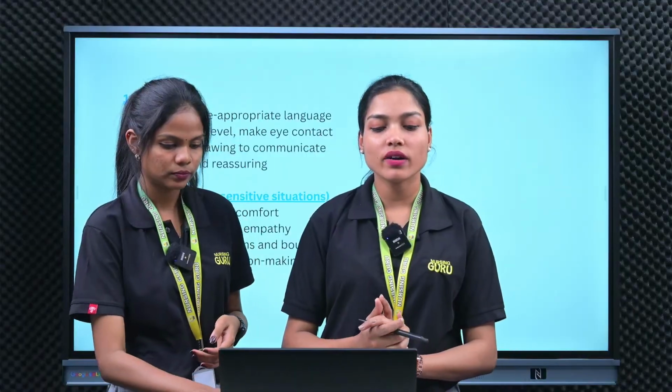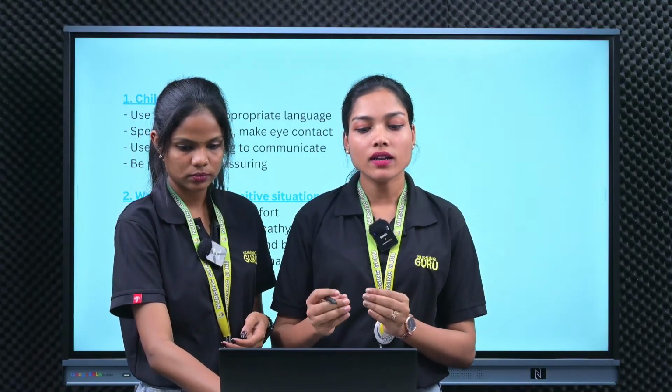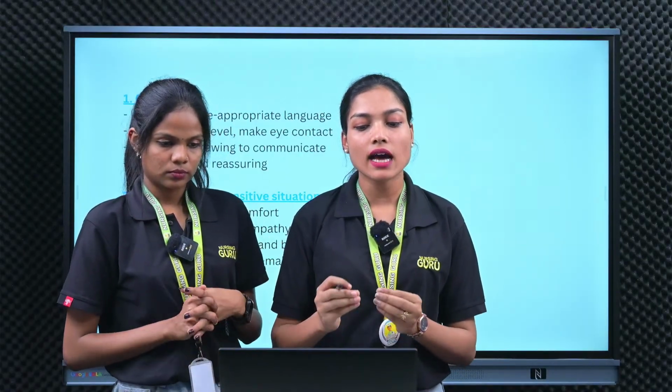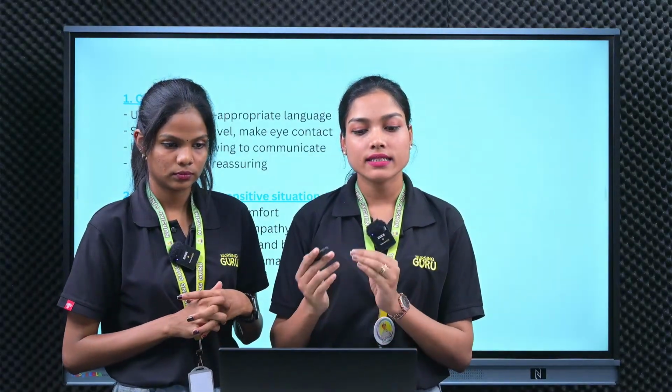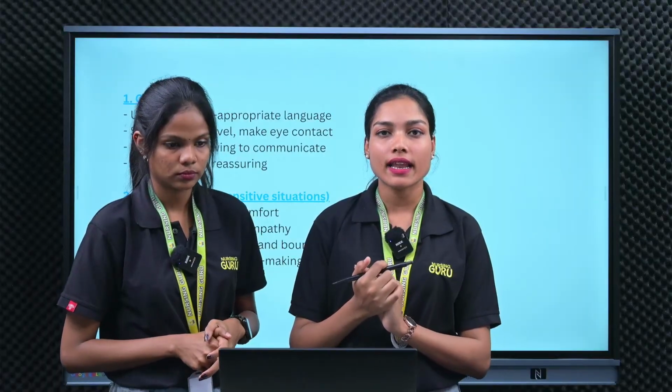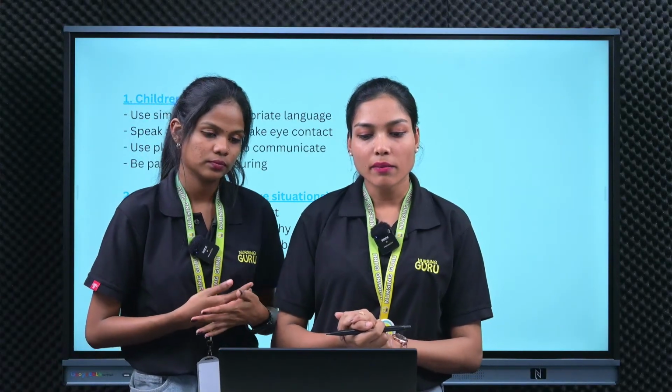In that, first one, children. With children, we need to use simple, age-appropriate language, then only will the children understand what we are telling. Then speak at their level and make eye contact.